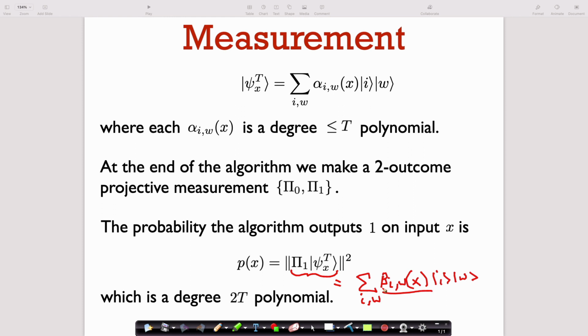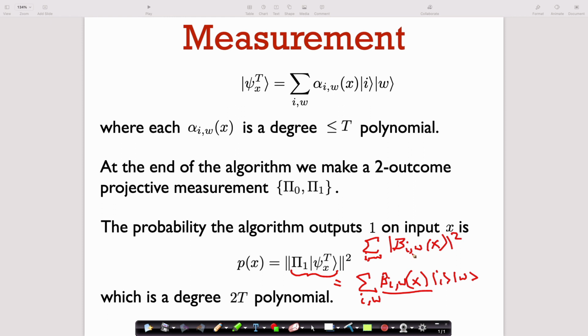And now we just take the norm squared of this state. That's just going to be a sum over iw of the norm squared of beta_iw(x).